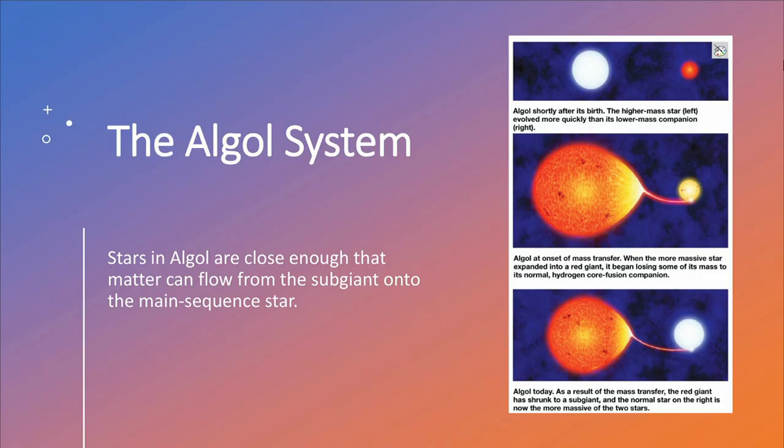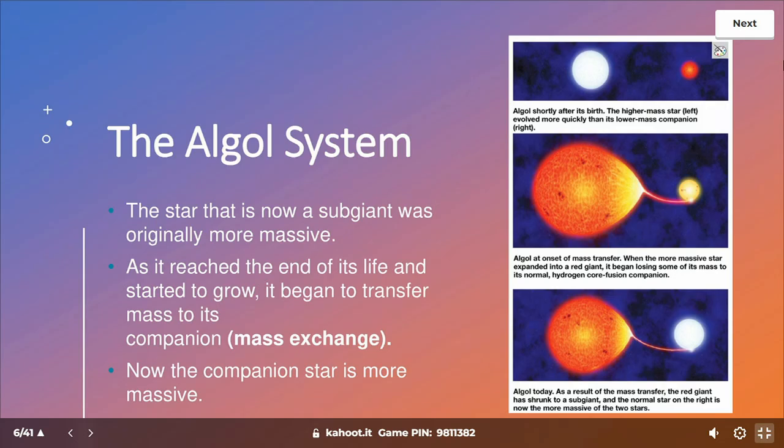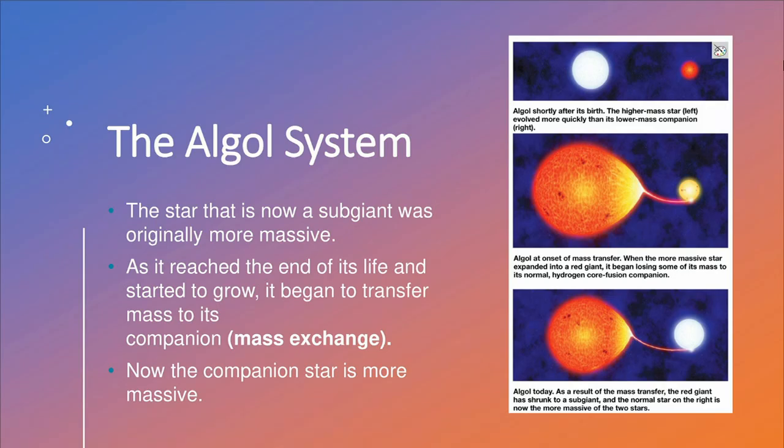And so this process of stealing matter is going to be important when we talk about what happens to things like white dwarfs or neutron stars in binary systems. And so what started as a low mass star and a high mass star evolved quickly.